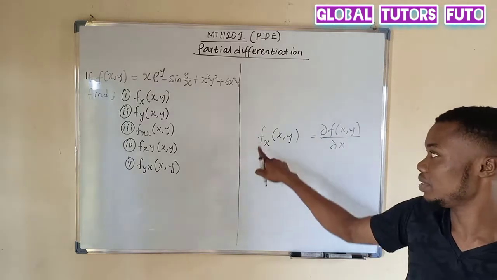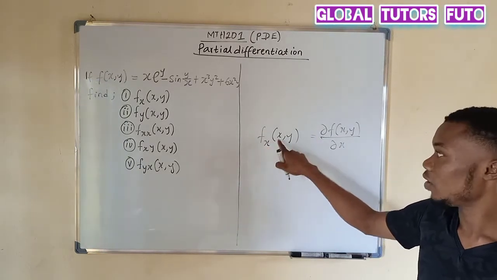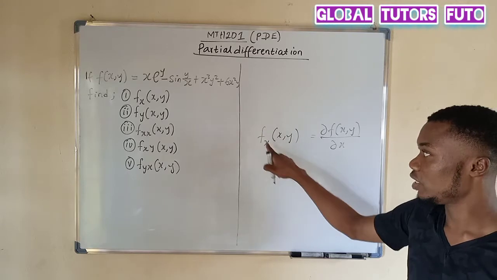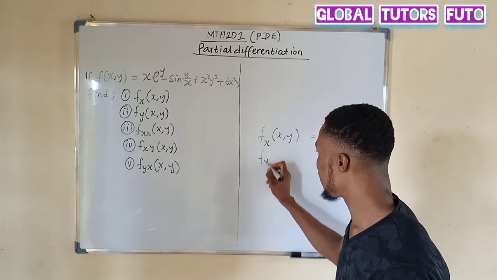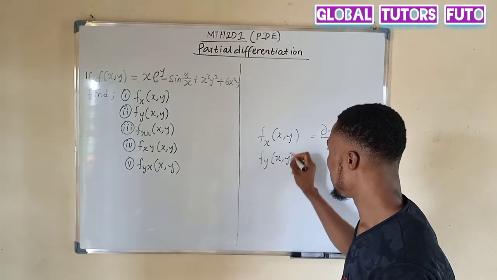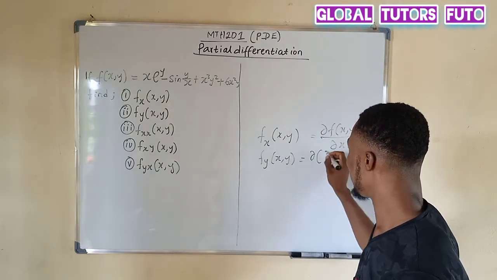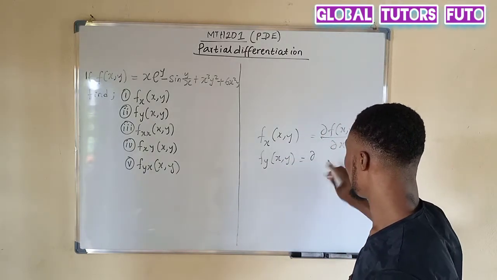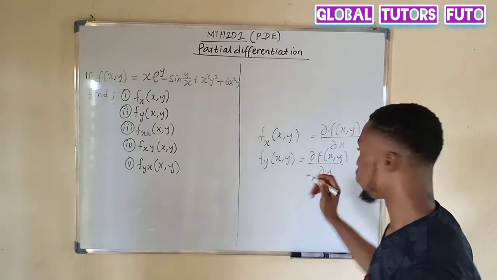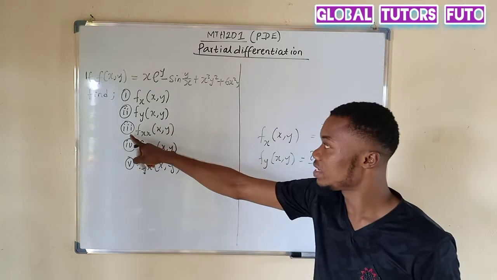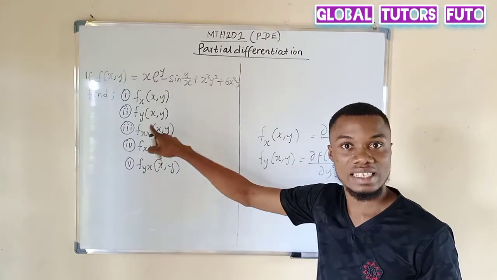So that's what this thing means, f sub x of the function. Okay, we differentiated the function partially with respect to x. So this one, f subscript y, means differentiate the function partially with respect to y.